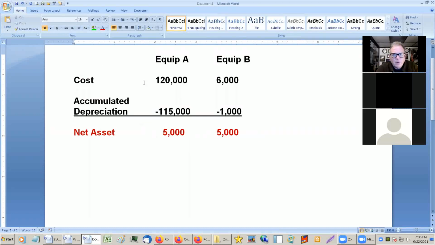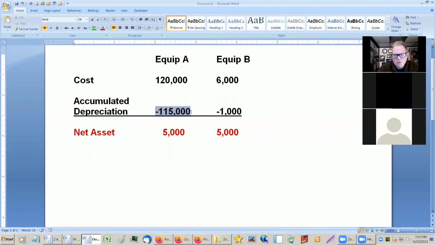Now, which one of these is an older asset, most likely? Is A older or is B older? A. Yeah, A. I mean, it's been depreciated almost all the way down. This one's been around a while.